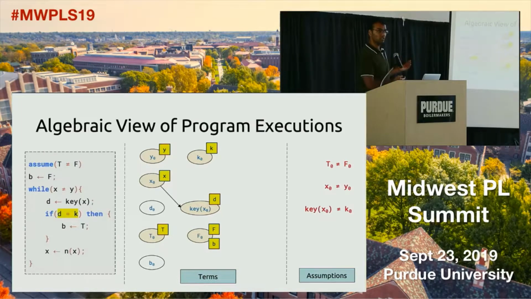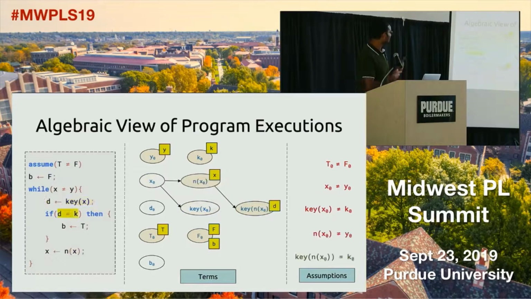The constraint that you accumulate is key of x0, which is the term d, is not equal to k0. And like this, you can continue to compute more terms and accumulate more constraints. Say at the end, we enter this conditional, and the corresponding constraint is key of n of x0 is equal to k0. So that's the algebraic view: you compute terms and you accumulate constraints over these terms.